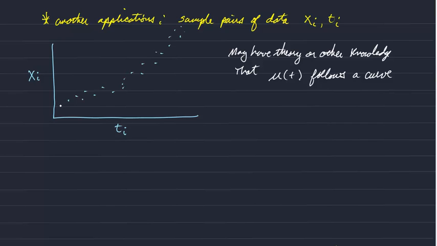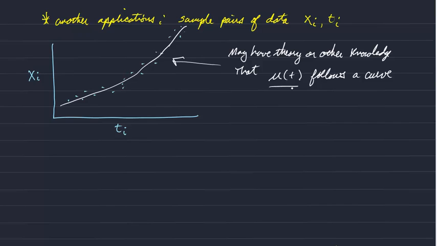And so we might sketch the curve as such. So the curve describes how the mean value of X is expected or may vary with T.